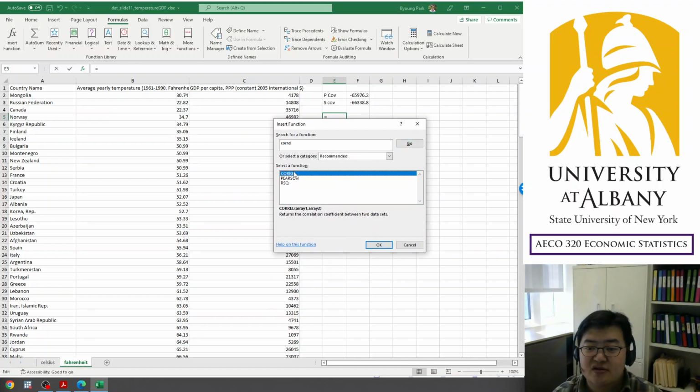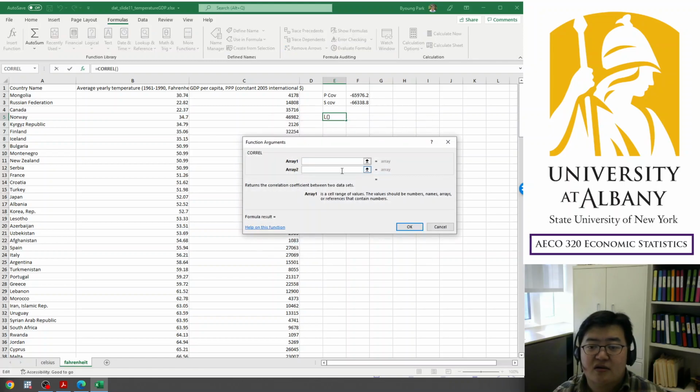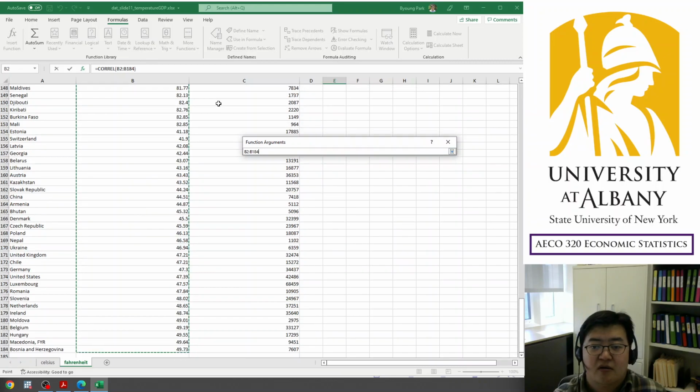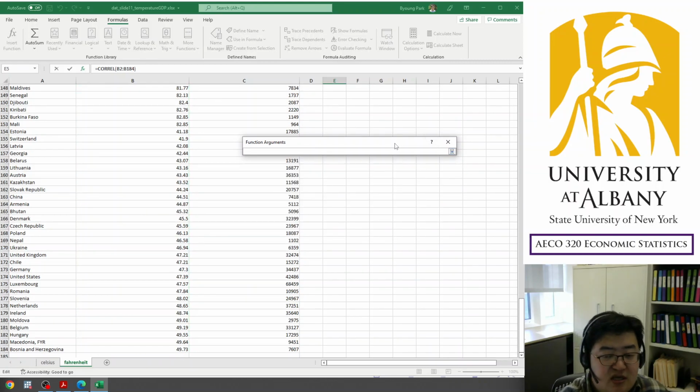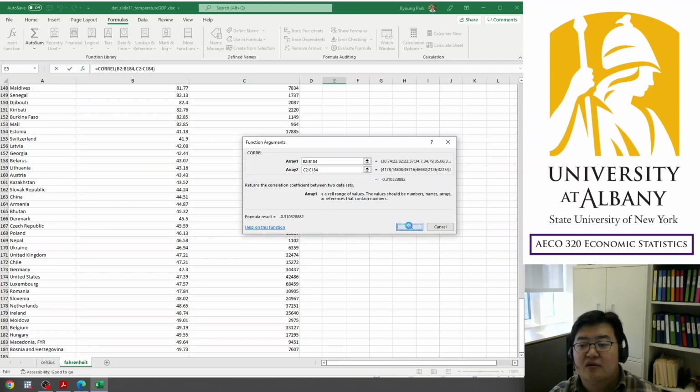The correlation coefficient formula is CORREL. So CORREL, and then again, array 1 is B2 to B184, and array 2 is C2 to C184. Okay.